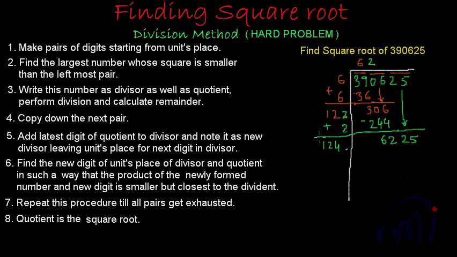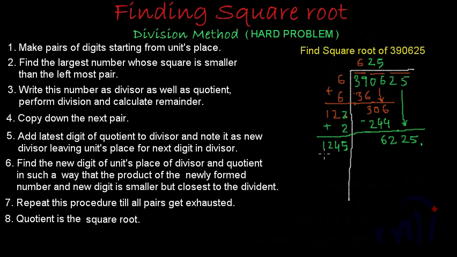This becomes the new dividend, and now I have to think about a number in this units place of the divisor so that the product of this new divisor and that new number is closest to 6,225. So since here we have got 5, and if it is a perfect square, this should be 5 because 5 multiplied by 5 gives us 25. So this is one more way of guessing the number.